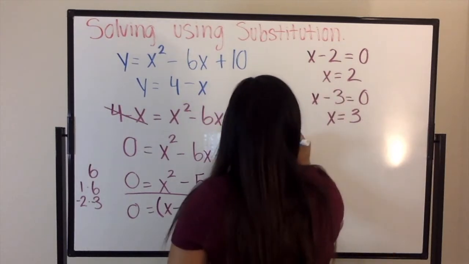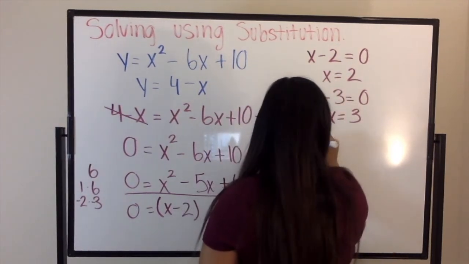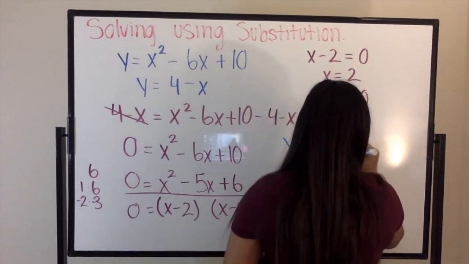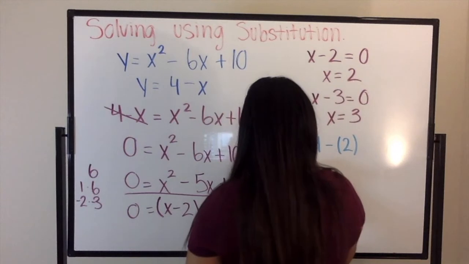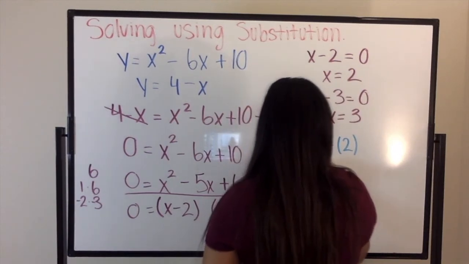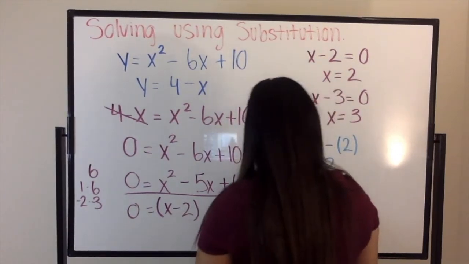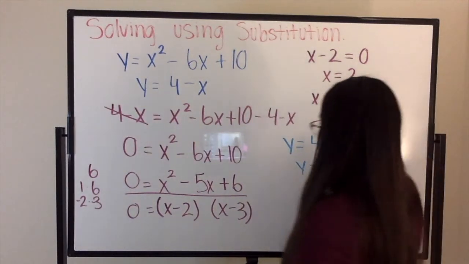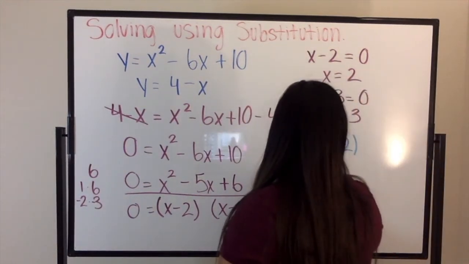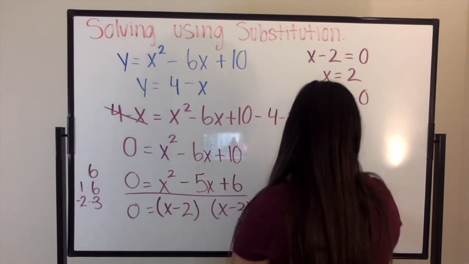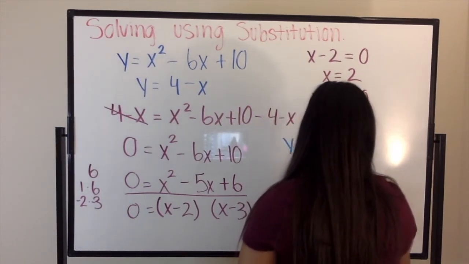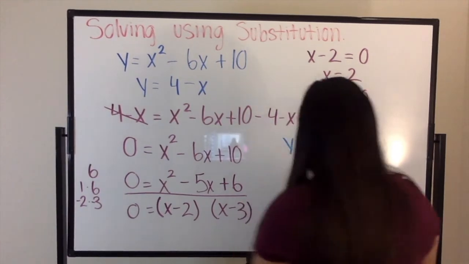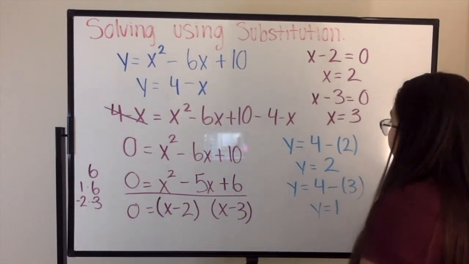So y equals 4 minus, let's plug in this value of 2, and that'll give us y equals 2. Okay, now let's do 3. So y is equal to 4 minus 3. That'll tell me that y is equal to positive 1.